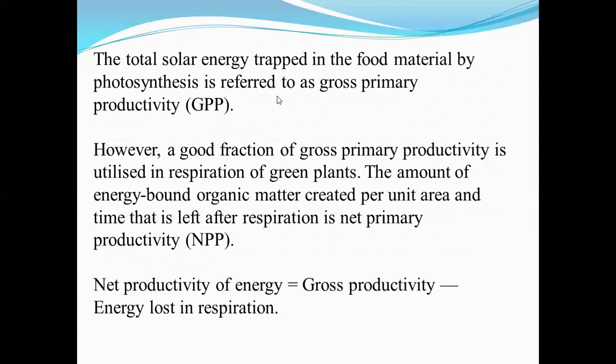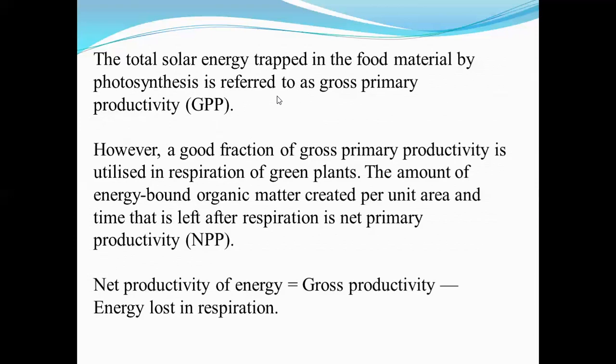So whatever autotroph traps solar energy and converts it into food material or carbohydrate, that amount of food material produced is gross primary productivity. The organism will use what it has produced for its own growth and development or for its own respiration.